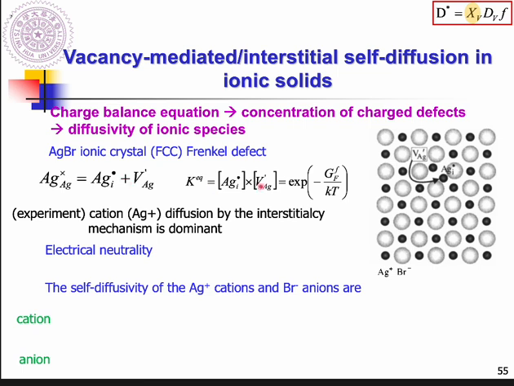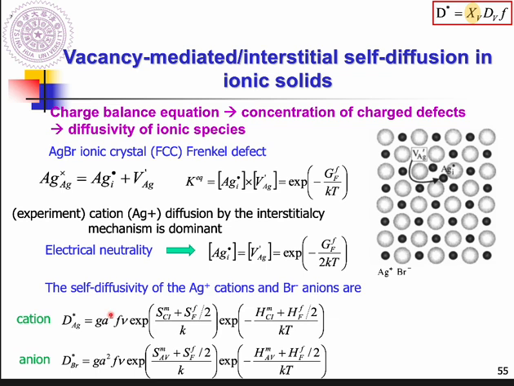This equals this. So moving to the right-hand side, this will be the Frenkel defect formation Gibbs free energy, and I can say this equals exponential of negative Frenkel defect formation Gibbs free energy divided by 2kT. Okay, so I have a square, so take the square root of it. So I got this result.